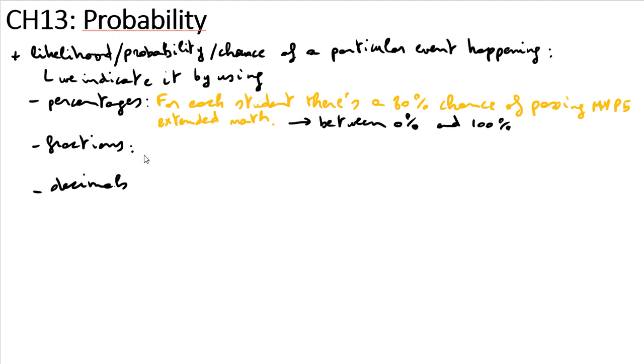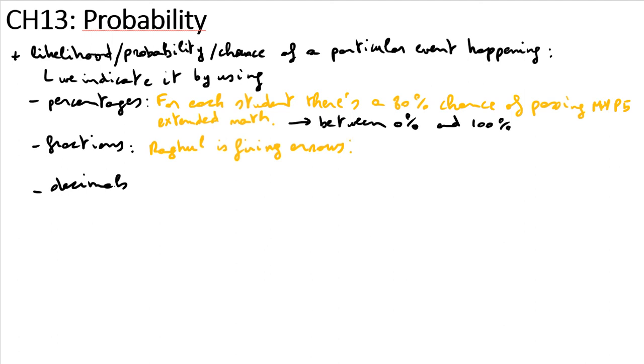Let's take an example for fractions. Let's say that Rahul is firing arrows. And the probability that he hits the target is 15 out of 22.